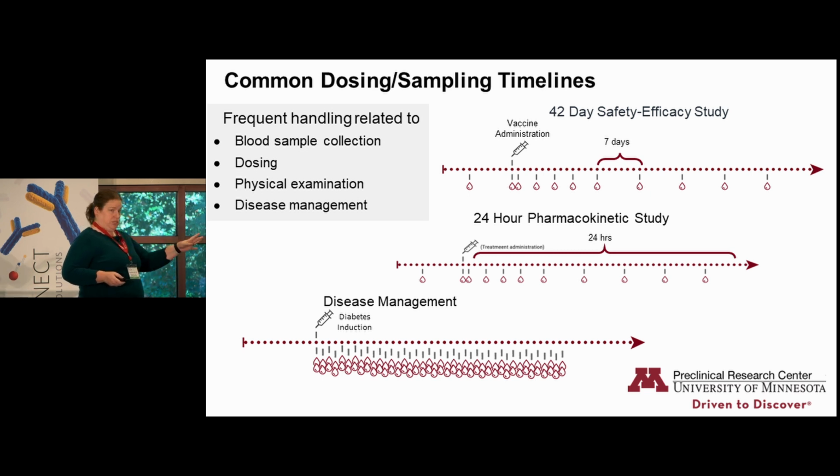And then what we really specialize in is these disease management studies, such as diabetes models. So that's diabetes induction, and then we usually handle the animals twice a day to monitor blood glucose, give them insulin, give them food. It's just highly intensive on the animal. So not having to sedate them makes all the difference in the world, both for them, for your research ethics, and for your data.